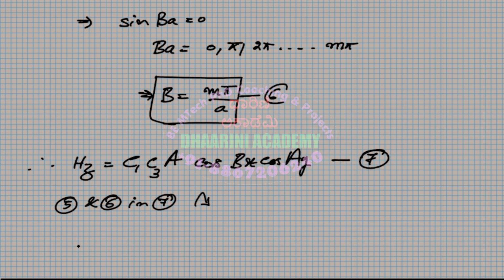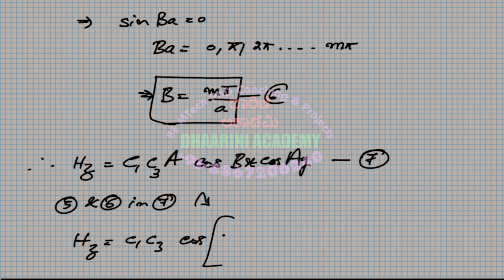So we know that that gives Hz as a proper equation, that is C1 C3 into cosine Bx. So far we were substituting capital B, but now we'll write the value of B which is obtained in equation number 6.